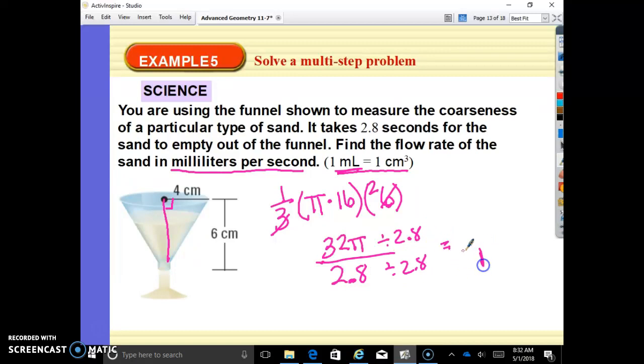That would give us that per 1 second, right? So 32 times pi equals, divided by 2.8 equals, and we would get 35.9 milliliters per second.